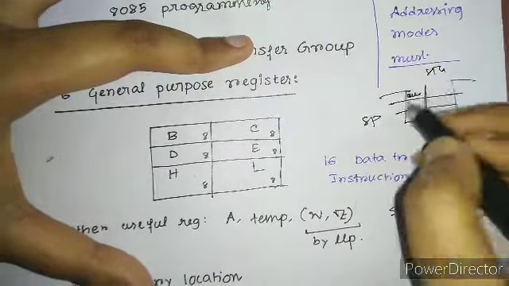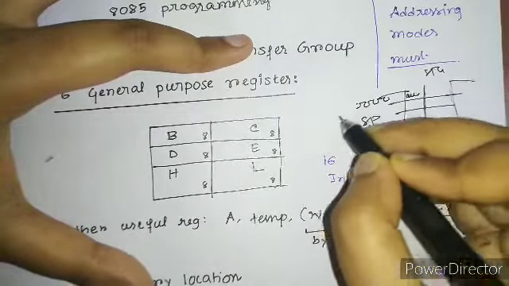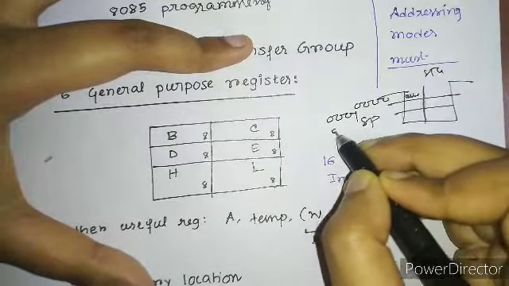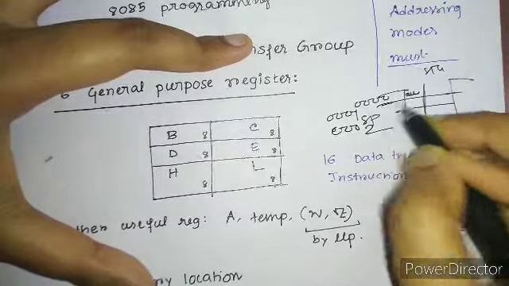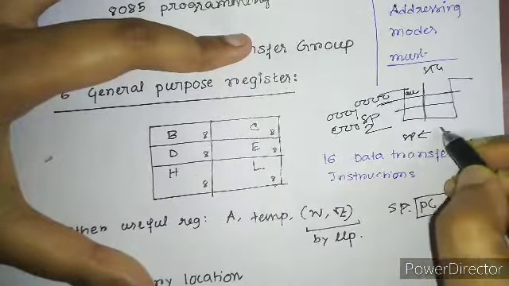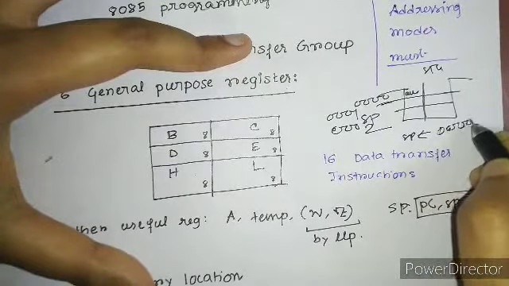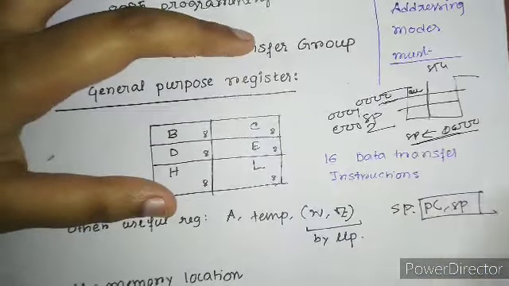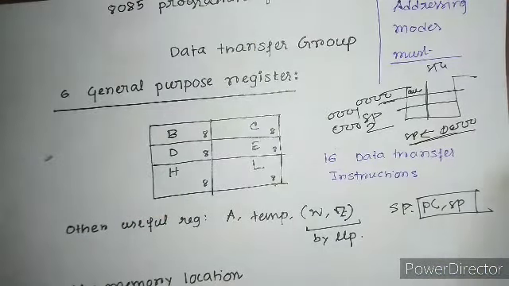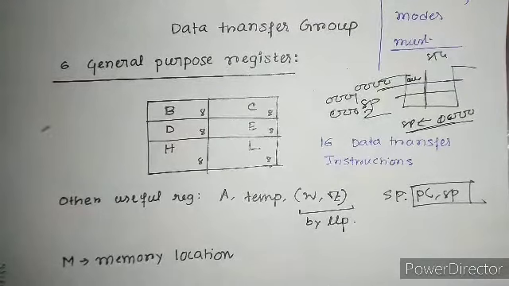Suppose this is my stack, with addresses 0000, 0001, 0002. SP will hold the address 0000. And obviously SP is 16-bit. SP and PC are both 16-bit registers as they hold the whole address. If you see the addressing mode video, you will know.